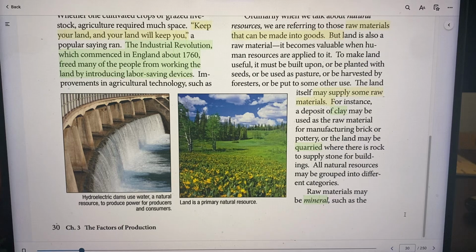Here's a picture. Land is a primary natural resource. How about these hydroelectric dams? They're natural resources, and they use water, and it takes a lot of energy to produce, and this water provides it. It was very ingenious to use this for providing electricity.